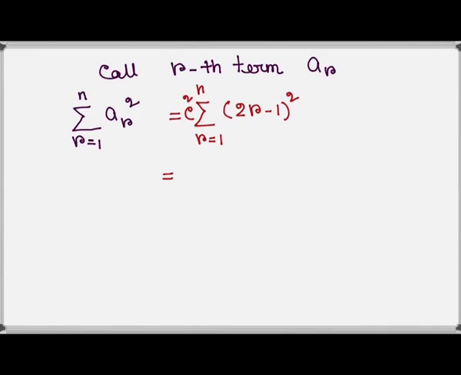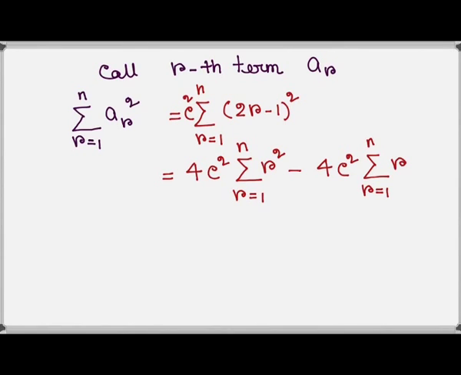So, this is 4c square into sum running over r from 1 to up to n, r square, minus 4c square into sum running over r from 1 to up to n, inside we have r, plus c square into sum over r running from 1 to up to n, inside we have 1.